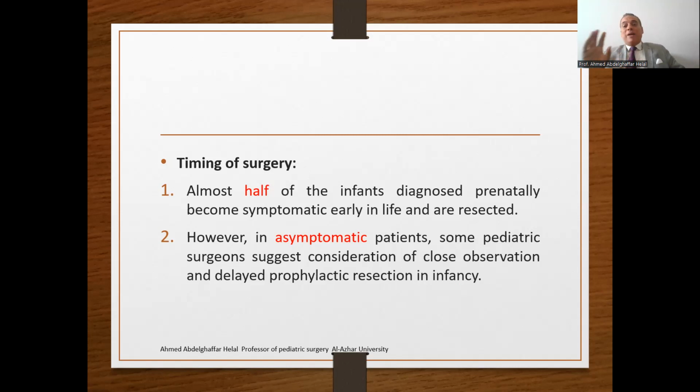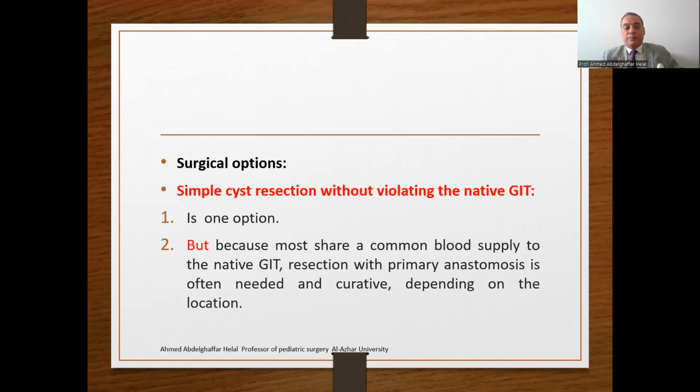So about half of the infants diagnosed very early will become symptomatic very early. This half will be subjected to surgery. However, in asymptomatic patients, some pediatric surgeons consider close observation and delayed primary resection in infancy.